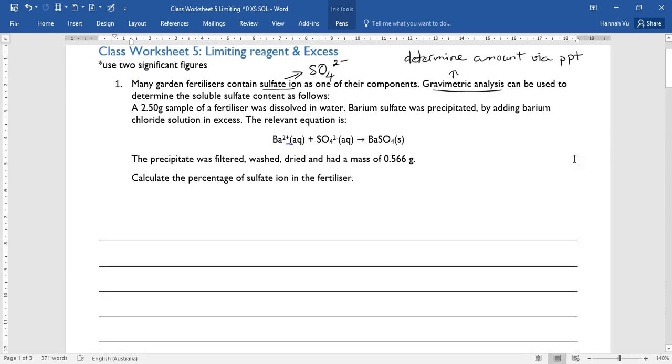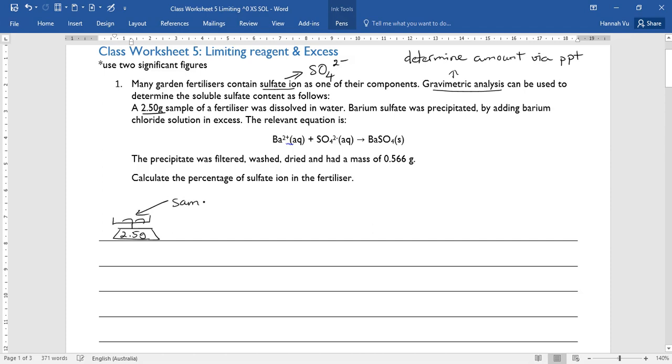Okay. So the way that the experiment is conducted is you start with 2.5 grams of the sample and you dissolve it in water. So we have 2.5 gram of sample.